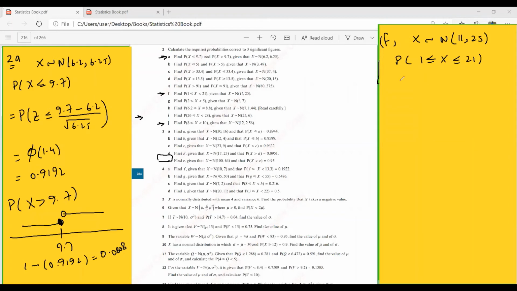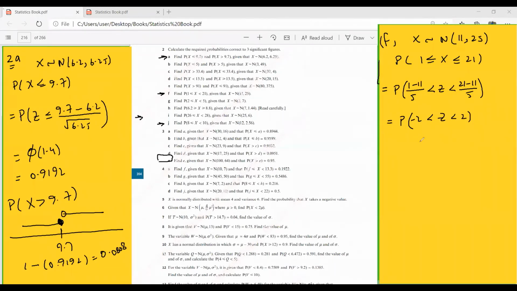Now this probability X is between 1 and 21, so when you standardize this, it becomes 1 minus 11 over the square root of 25, which is 5, and this is 21 minus 11 over 5. So this is going to be the probability that Z is between -2 and 2.